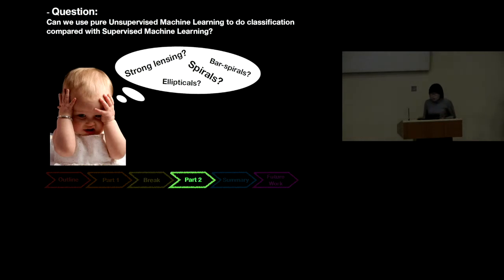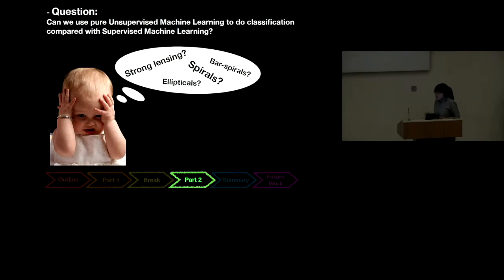I would say no, because the classes we know, like lensing, non-lensing, spiral, elliptical, are all based on human judgment. If you imagine this technique is just a baby, he doesn't know what is lensing, what is spiral, what is elliptical. They just classify them based on how they look. That is also the main point and the core idea of unsupervised machine learning.